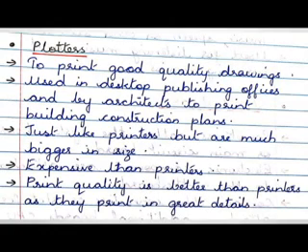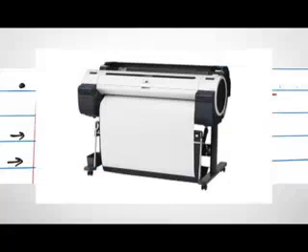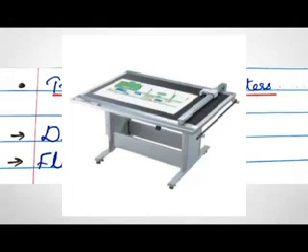They are much bigger in size and also more expensive than printers. The print quality of plotters is better than printers as they print in great detail. There are mainly two types of plotters. First is drum plotter and second one is flatbed plotter.